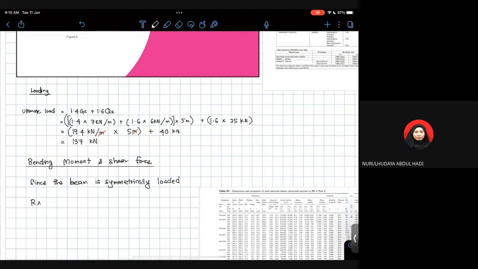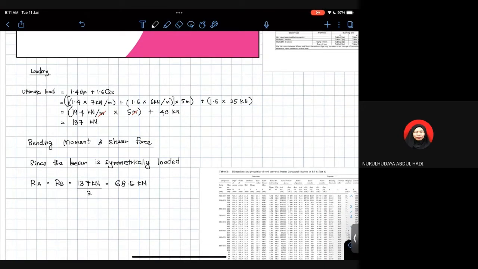We have RA and RB because these two are reactions at point A and point B. Just take the ultimate load, you divide it with 2. You will get 68.5 kilonewton for each reaction at point A and point B. We know that this value is also FV, which is the maximum shear force.